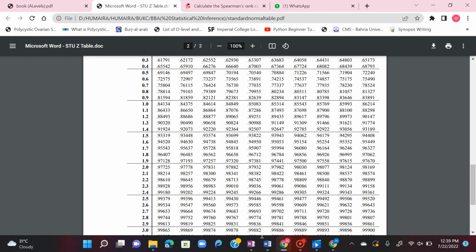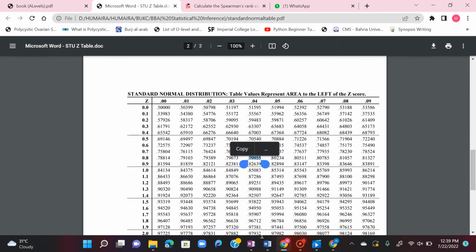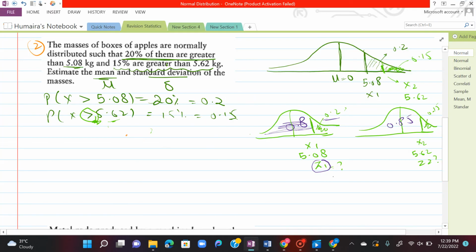It's 0.8023, 0.7955. So 0.80 is nearer to this value. Let's look at the top of the column: 0.84. Okay, so for this I have 0.84. I'm writing the value over here first. It's 0.84.